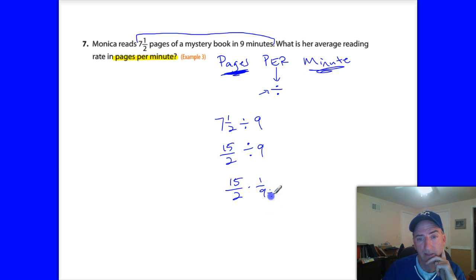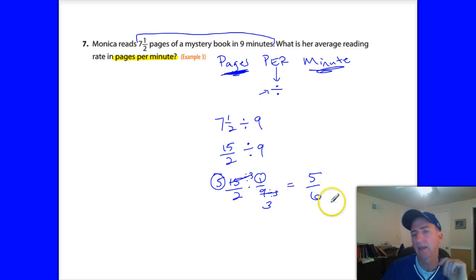So I'm going to divide out my 3, because 3 goes into 9 and 3 goes into 15. Right? 9 divided by 3 is 3, and 15 divided by 3 is 5. Okay, so you now have 5 times 1, which is 5, and you have 2 times 3, which is 6. So that means she reads 5/6 of a page per minute.